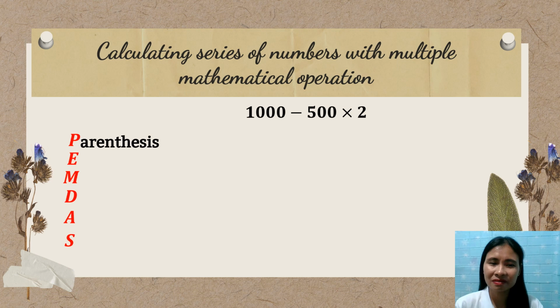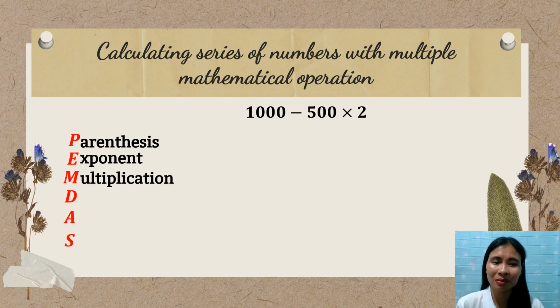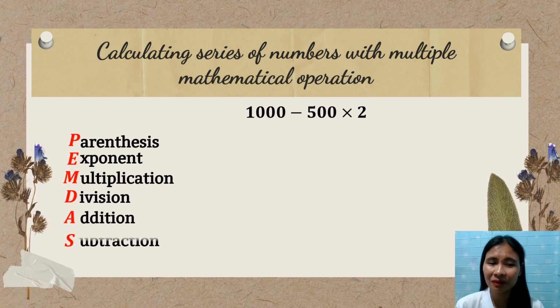P is for parentheses, E is for exponent, M for multiplication, D for division, A for addition, and S for subtraction. Instead of parentheses, we use groupings, because not all the time are we using parentheses as a grouping symbol. We can have brackets, we can have braces, but any of those are considered grouping symbols.